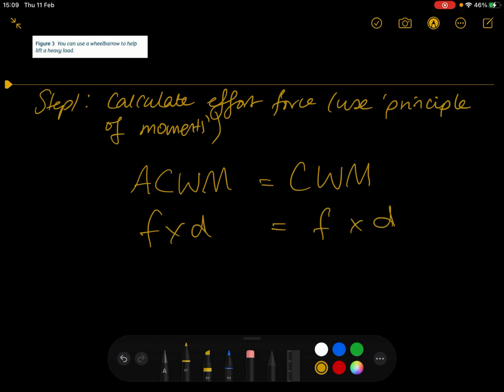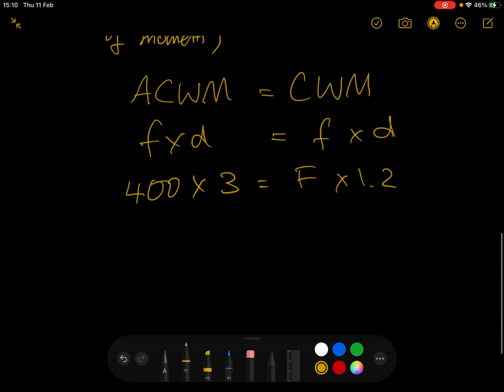That was 400 times 0.3 for the anti-clockwise one, and the clockwise was F, we don't know what that was, times 1.2. Which gives me, if I just do that and then rearrange, F equals 100 newtons.